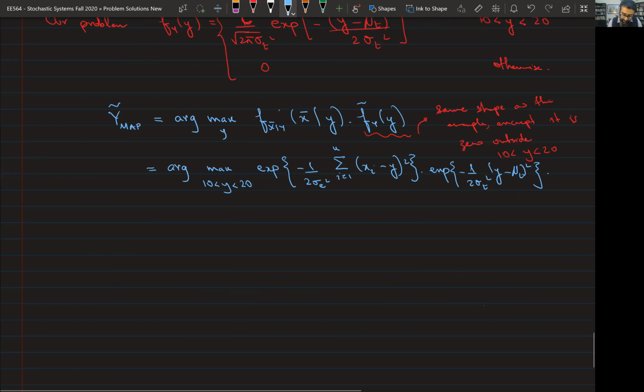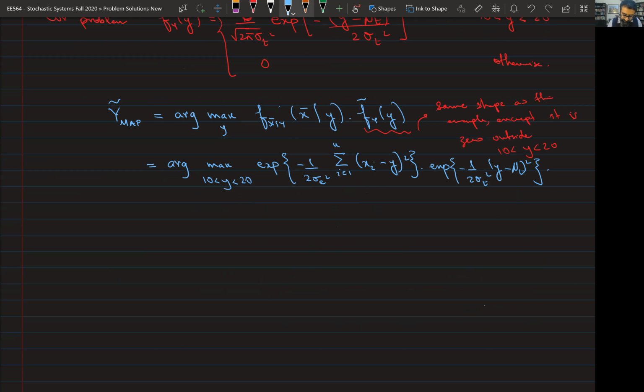I'll take a graphical look here. Let's say this is the number line over which I am evaluating this objective function, and this is a concave function. So the concave function looks something like this, right?